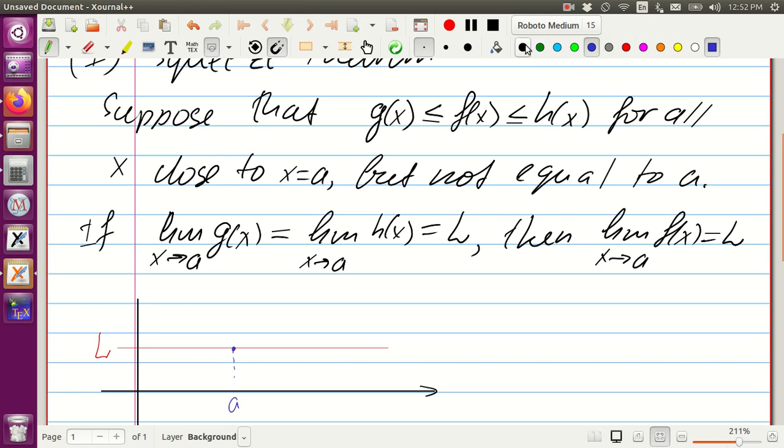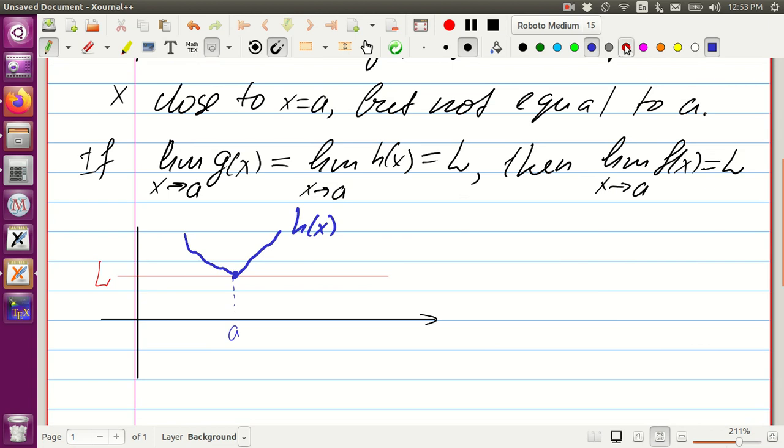And our h goes something like this, and the limit at a is equal to L. Then on the bottom, we have some kind of a function g that also has the limit L, and this is our g function.